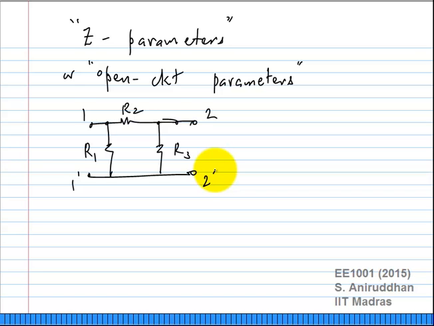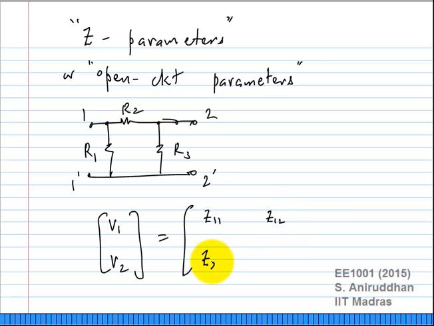How do you figure out the relationship between them? How do you figure out the relationship between the Z parameters and the Y parameters?